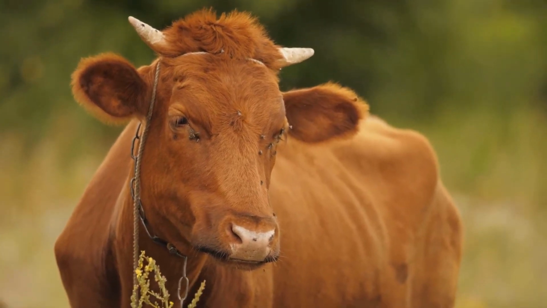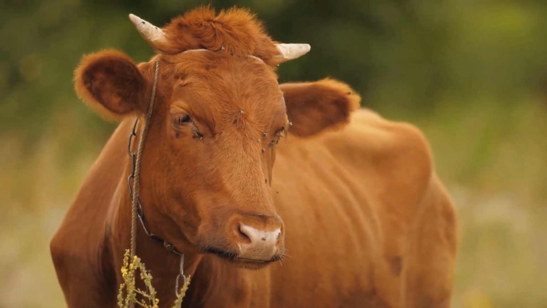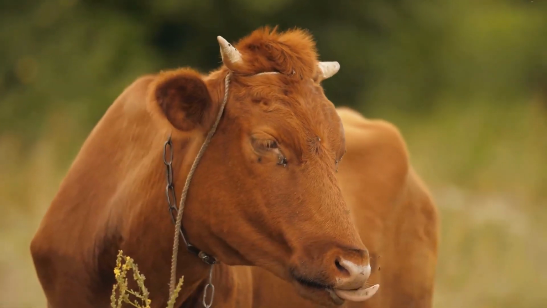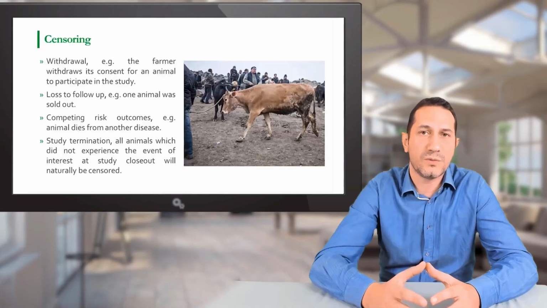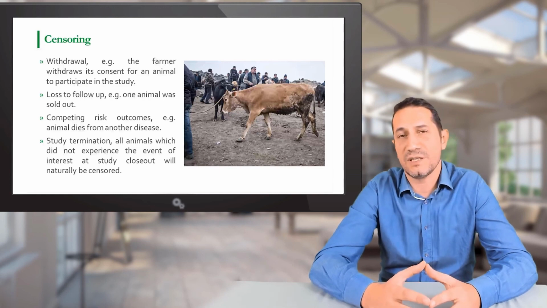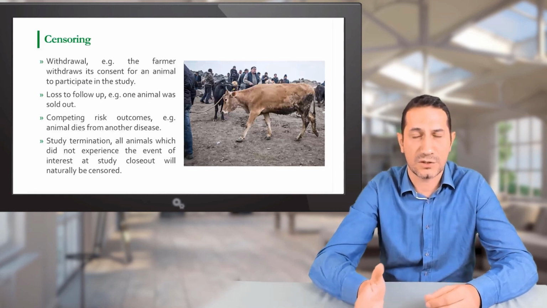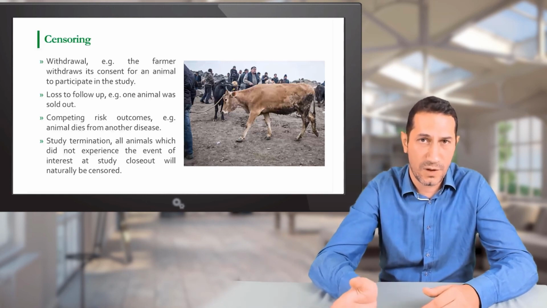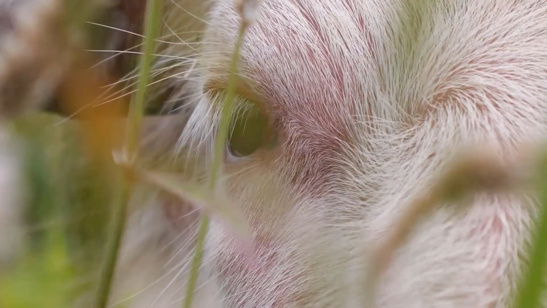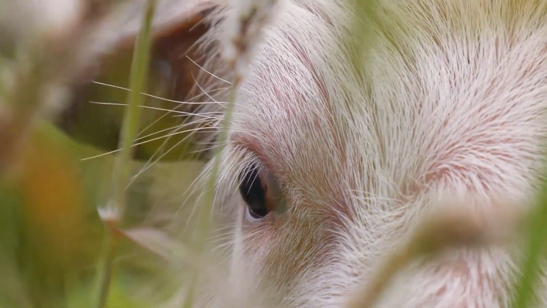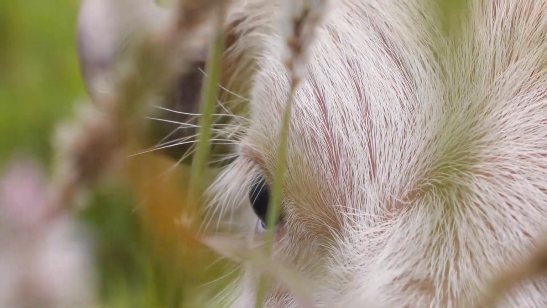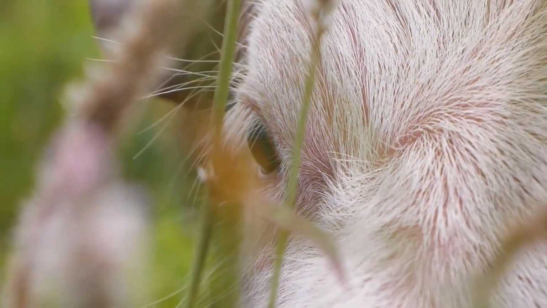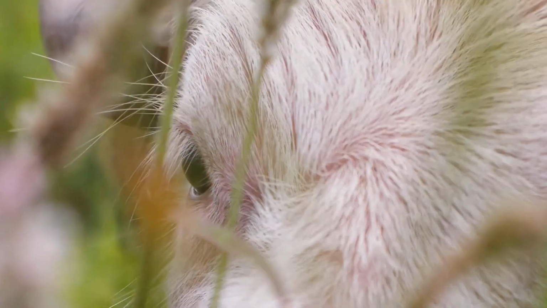And so the reasons for censoring basically could be a withdrawal. For example, the farmer would say, no, we won't follow anymore this animal, and so he's withdrawing his consent to follow up the study with that animal. But it could be loss to follow-up because the animal, as in this case, is sold out in the market, so we lost the follow-up.